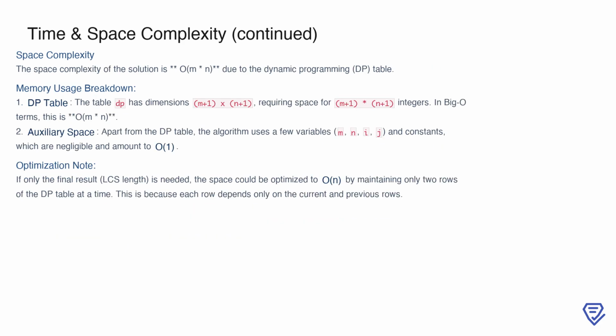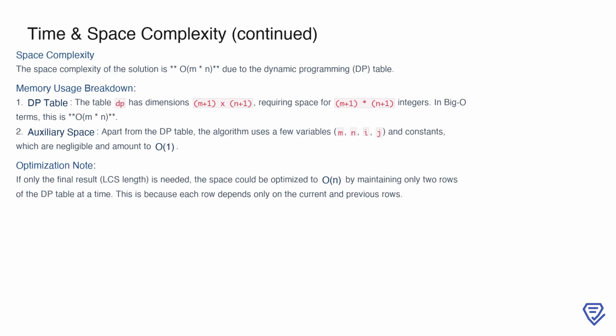The space complexity of the solution arises from the dynamic programming table, which stores intermediate results. This table has dimensions (m+1) by (n+1), meaning it requires space for (m+1)*(n+1) entries. In big O terms, this is simplified to O(m*n). Beyond the table, the algorithm uses a few variables, such as loop indices and constants, which take up negligible space, or O(1).